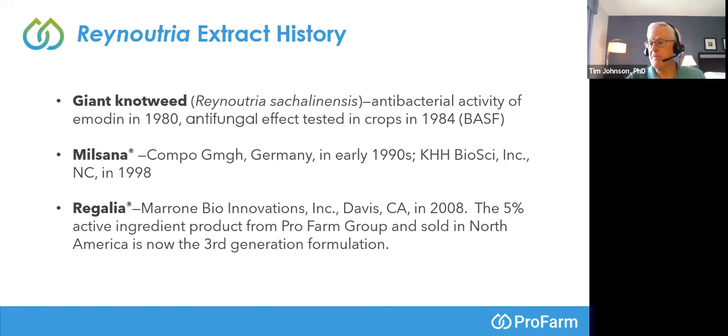They were successful in developing a commercial production process that was cost effective and introduced the product into the US, and are now on about their third generation formulation as they've made continual improvements over the years. And then a couple of years ago, they introduced a 12% product in the Midwestern corn and soybean growing areas called Pacesetter.